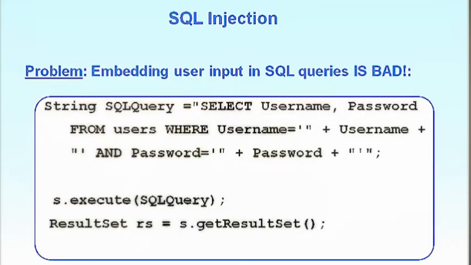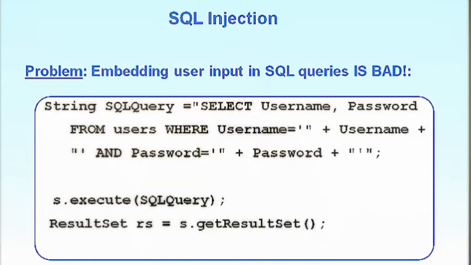The problem is that embedding user input directly into a SQL query is a really bad idea. We can't trust client-side validation because of tools like web proxies, so we don't know if that input is malicious or not. So let's take an example of a SQL query where we're doing some kind of authentication.